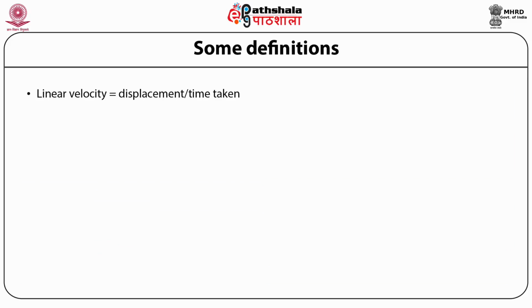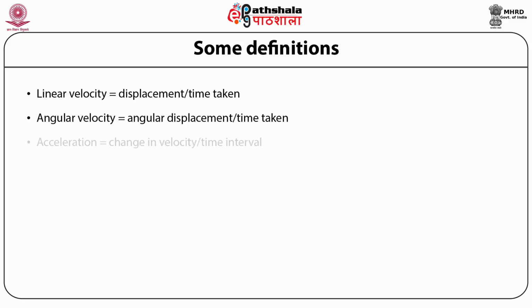Let's see some definitions. Linear velocity is nothing but linear displacement per unit time. Angular velocity is angular displacement per unit time. Acceleration is change in velocity per unit time. So accordingly you can see the linear velocity has dimensions of meter per second in MKS system of units.